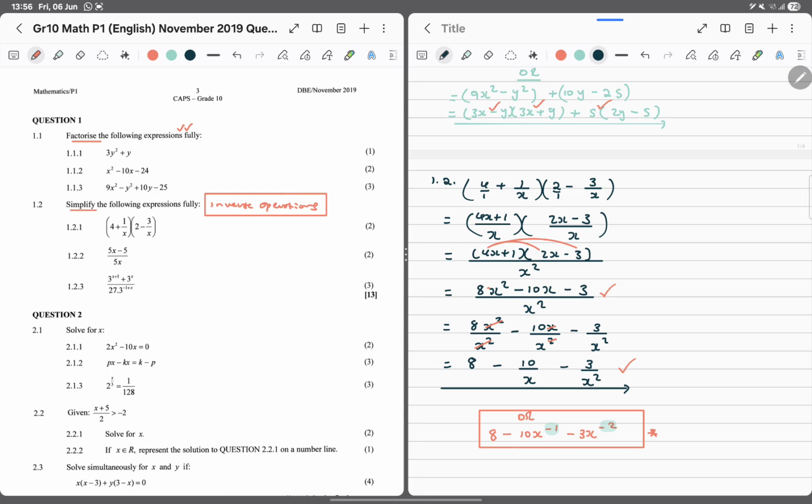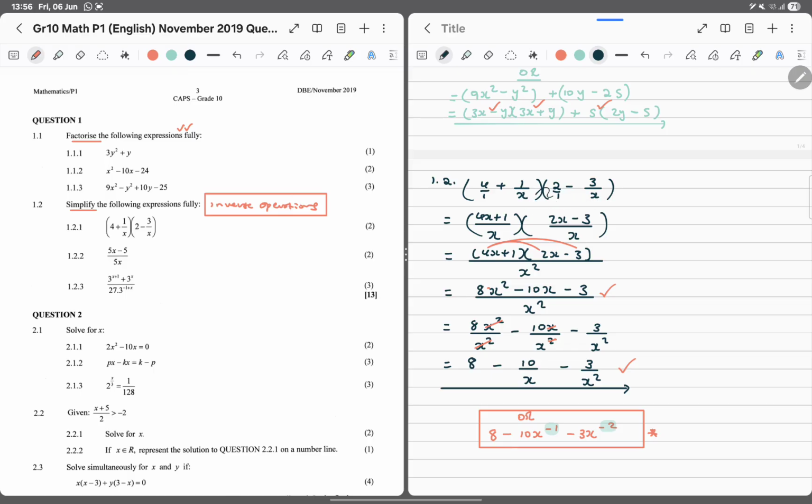In fact, another student could have just foiled out straight away and never tried to simplify these brackets. Just foil. 4 by 2 is 8. 4 times this, it's going to be minus 12 over x. And then this times that is going to be 2 over x.